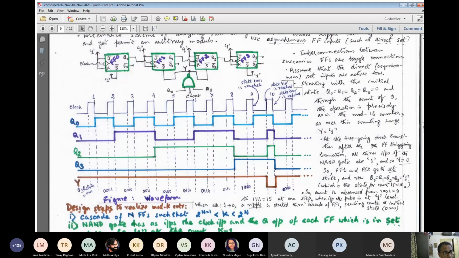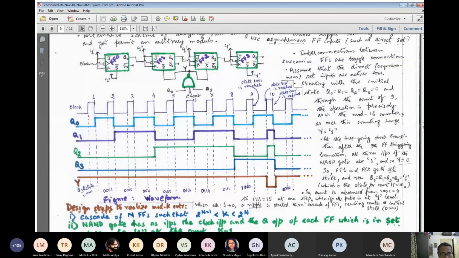That means when a clock is happening here 1 to 0, it will lead to a change in Q1. Q1 was earlier 1, now it will become 0, and this toggle will affect the next FF2, because S bar is no longer affected by the output of the 3-input NAND gate, right? So Q2 will normally have a transition from 1 to 0 as J and K are connected in toggle mode and the clock has undergone a 1 to 0 transition.